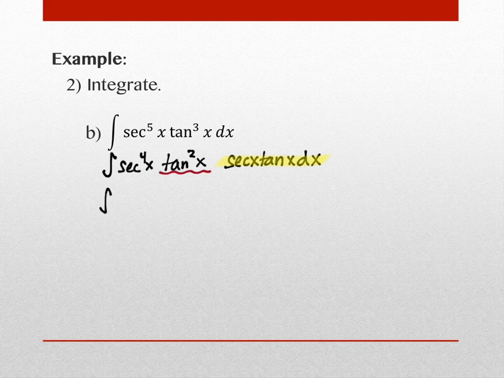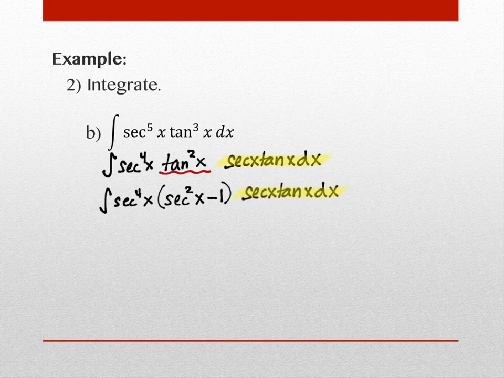And we can use our Pythagorean identities. We just keep going back to the same things over and over again, right? So what is the value of tangent squared of x using the Pythagorean identity? All right, it is secant squared of x minus 1. And I have that secant x tangent x at the end from before. It's still there.